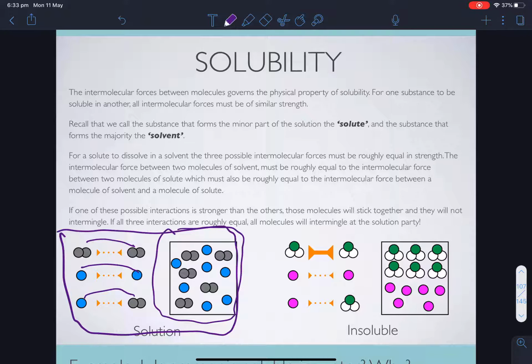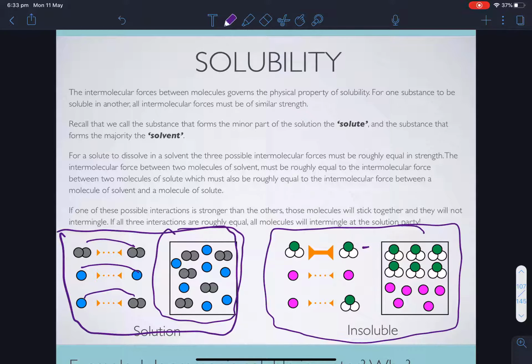On the right here, I've got an example using the same kind of model of an insoluble mixture. These molecules up the top have a very strong intermolecular attraction between them, much stronger than the attraction between these two pink particles, and the interaction between a pink particle and one of these ones is also very small.